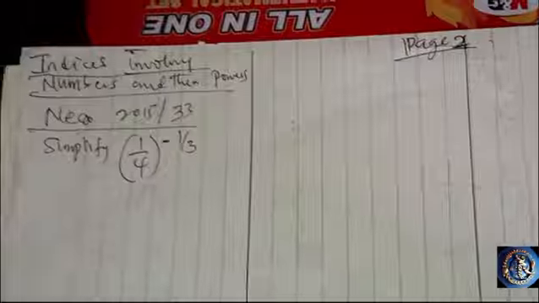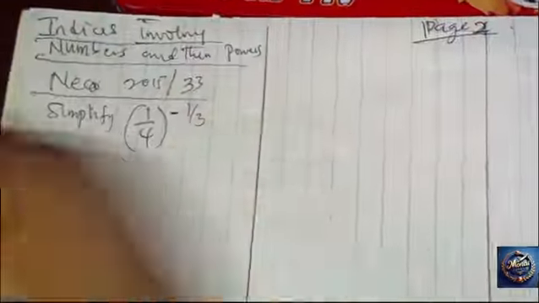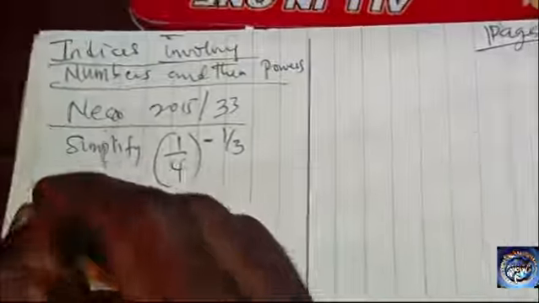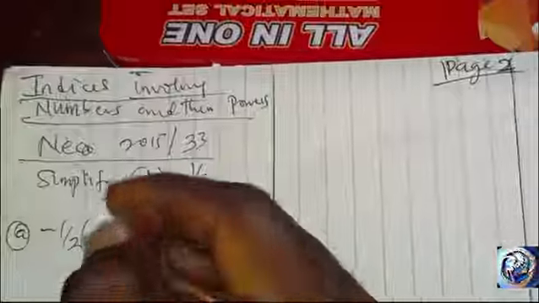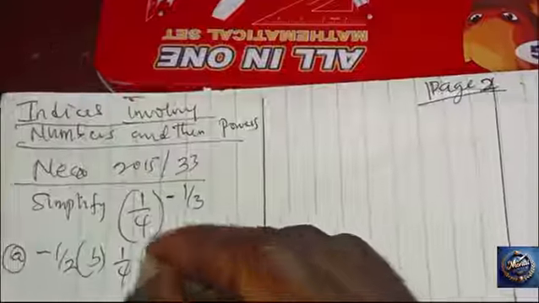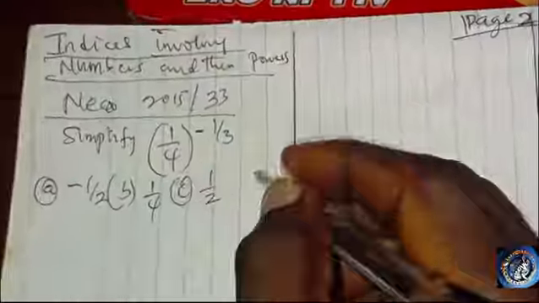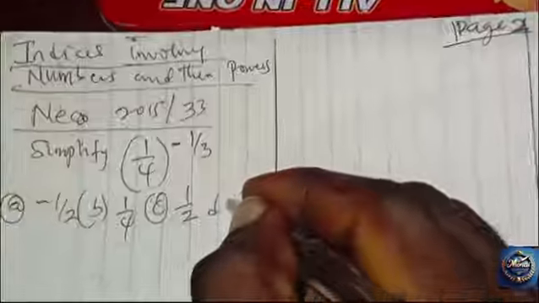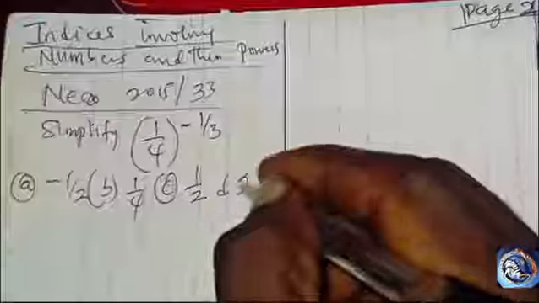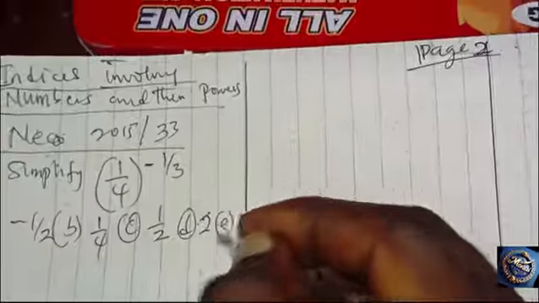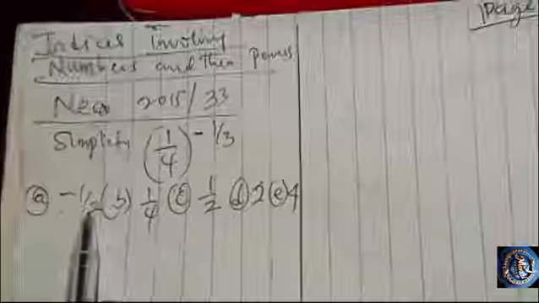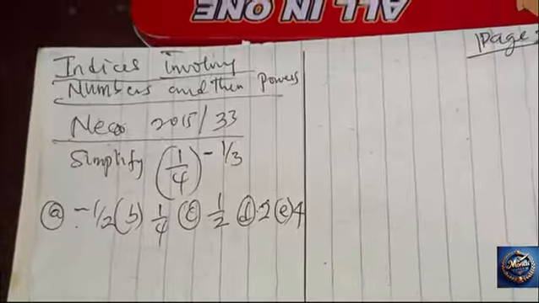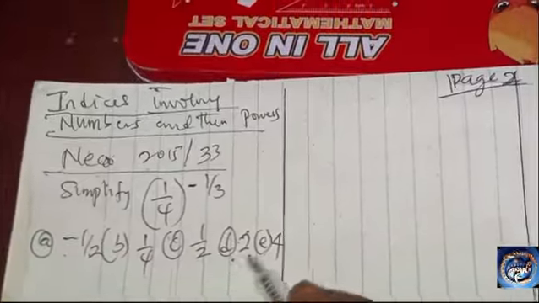In this case, they now give us options. Option A, minus 1 over 2, B, 1 over 4, C, 1 over 2, D, 2, and E, 4.